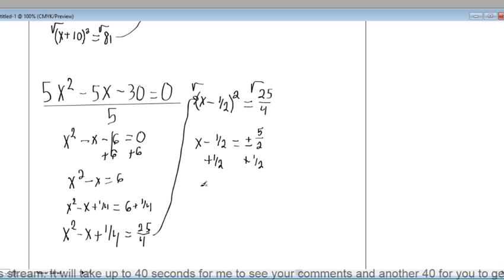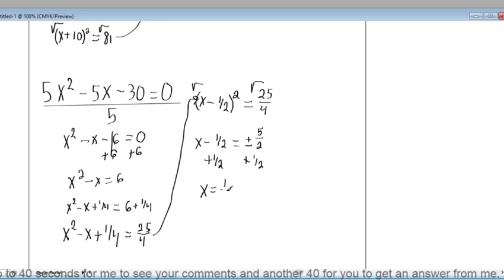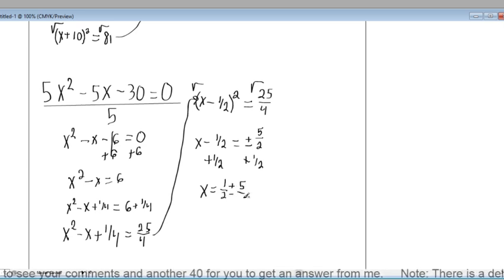So now x is equal to 1/2 plus or minus 5 over 2. So 1/2 plus 5/2 is 6/2.